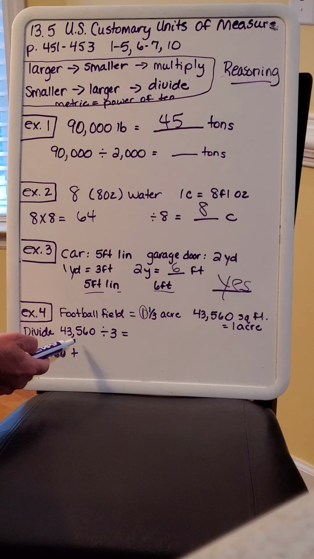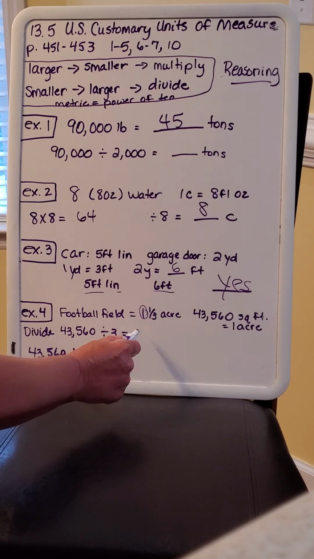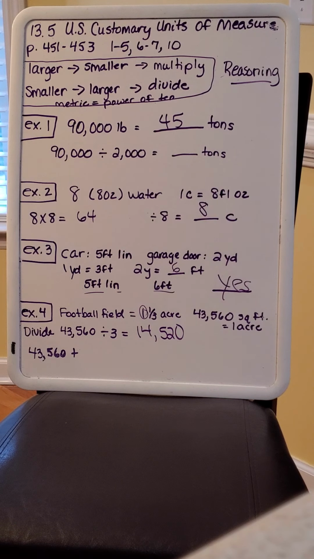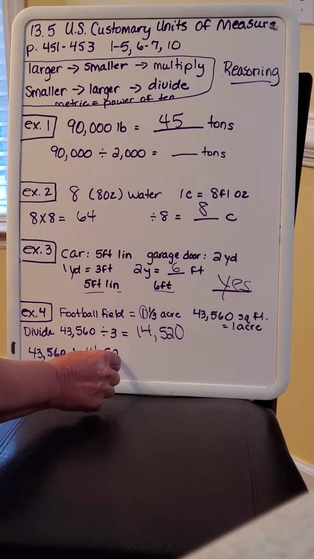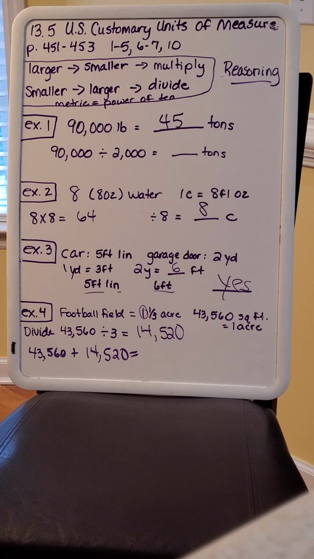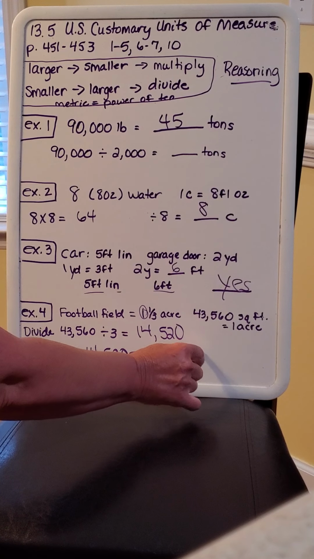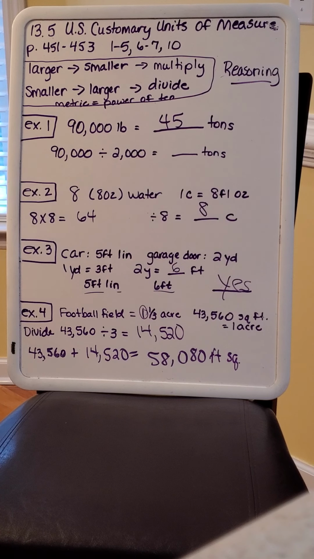So you'll just take 43,560 divided by 3, and you are going to get 14,520, and then you have to add it to the whole acre. Right? And you'll get 58,080 feet squared.